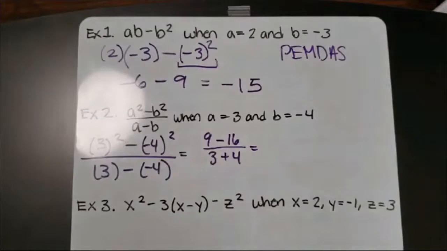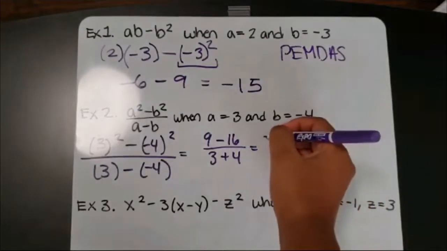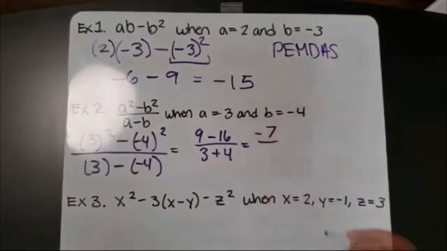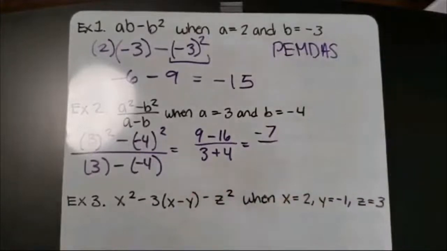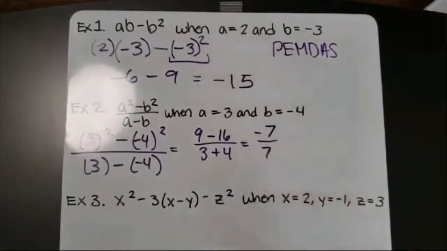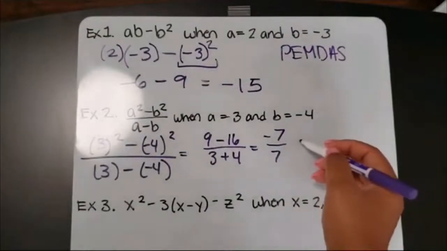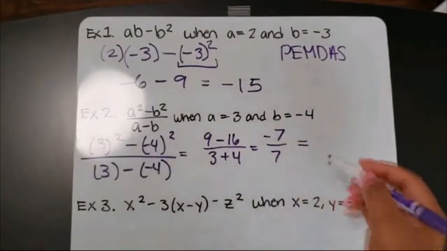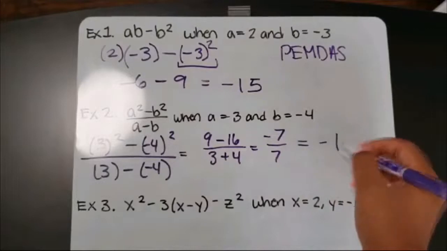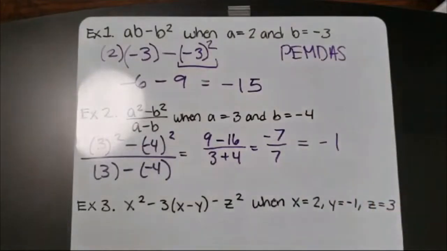So 9 minus 16 is -7. 3 plus 4 is +7. So -7 divided by 7 is -1.